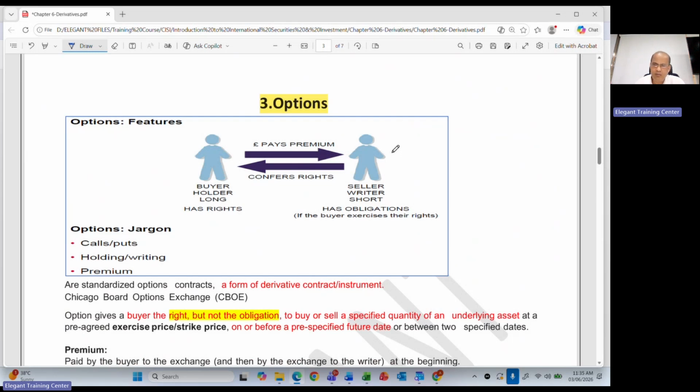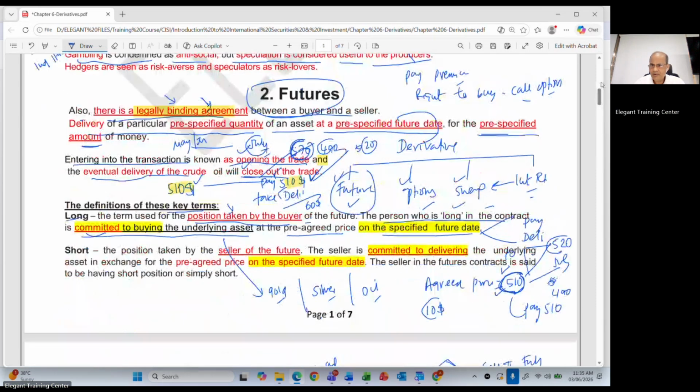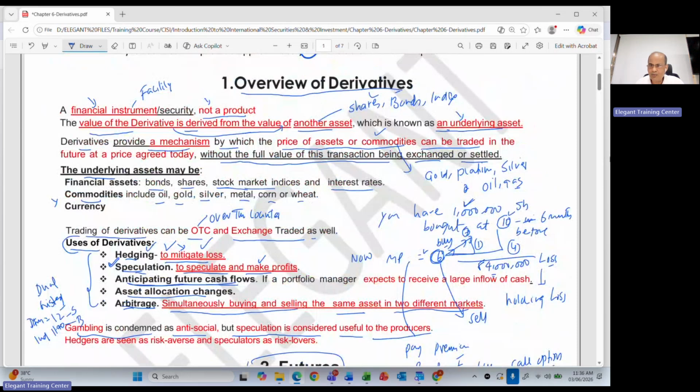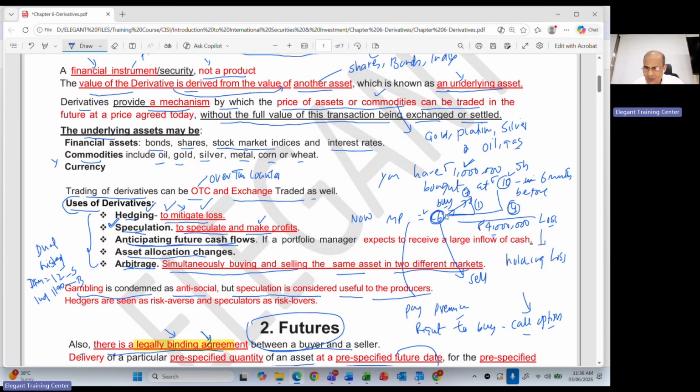So options, now coming to the same concept of shares. Remember, you have bought 1 million shares, for example, at $10. Now the price is 6, you are losing 4. So you are buying a derivative. You are buying an option, a call option. You are buying a call option because you feel the market will go up.